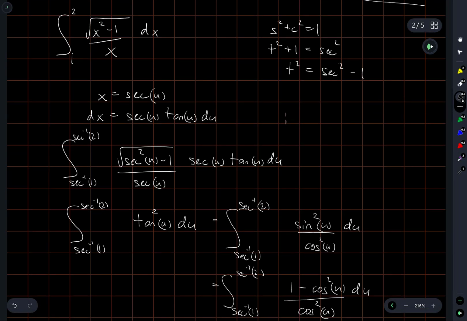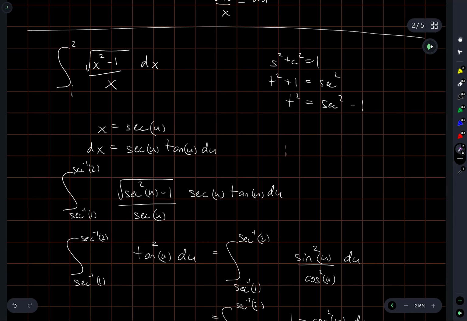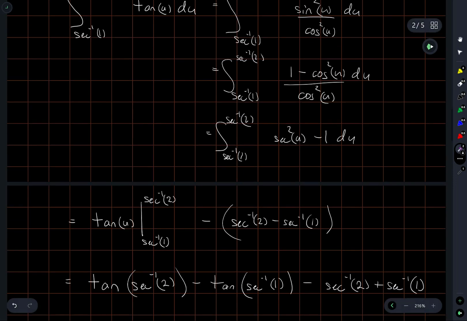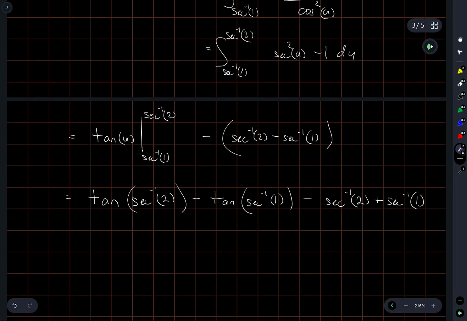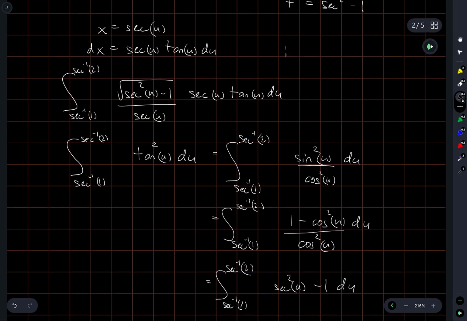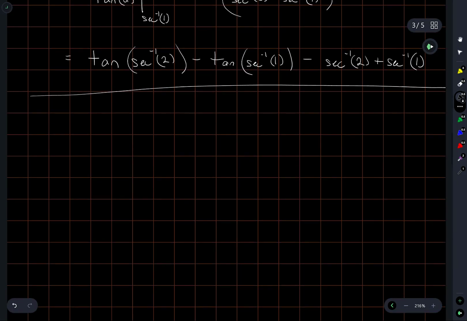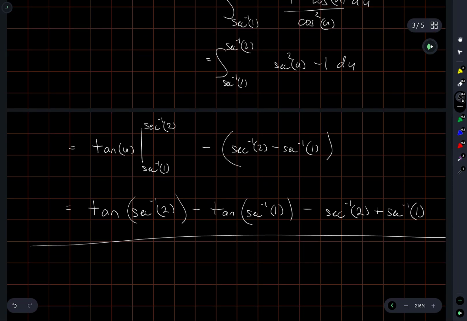I guess the only part of me that thinks I need to check something is that I would like to check that this was the correct antiderivative of everything. So if I substitute back what u is in terms of x, actually this is going to be a mess, right?